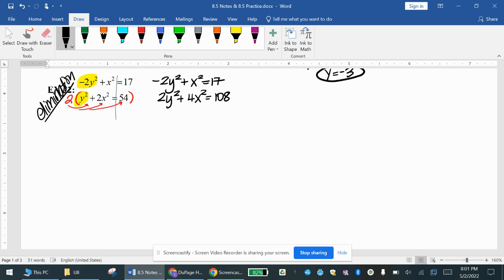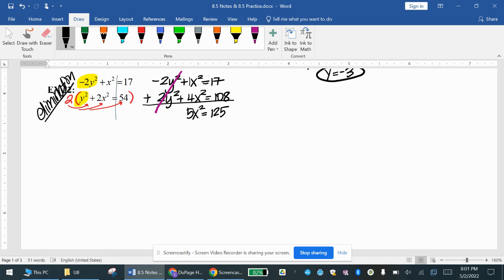With elimination, as soon as you obtain opposites, you can add the equations and eliminate the opposites. So I'm going to add everything that's left over. I've got 1x squared plus 4x squared, that's 5x squared, and 17 plus 108, so that's 125.